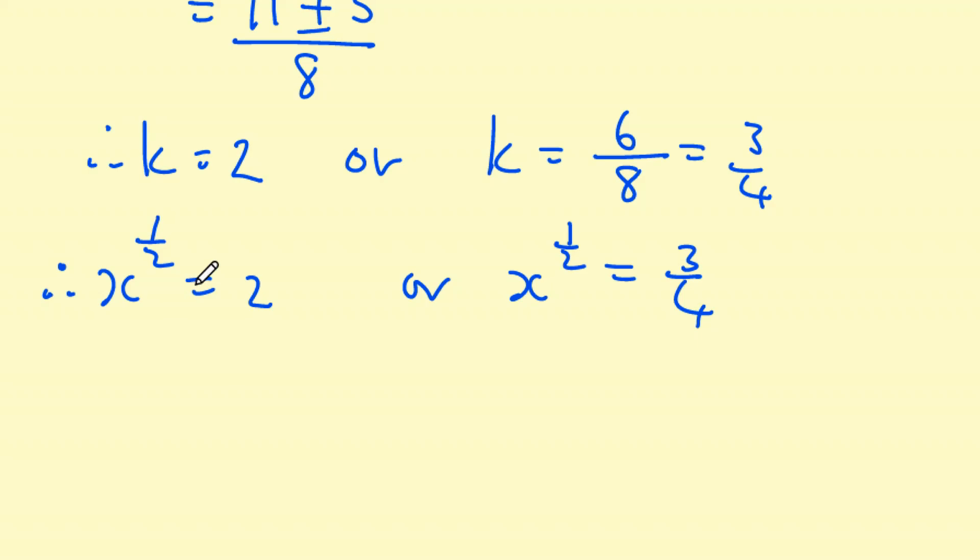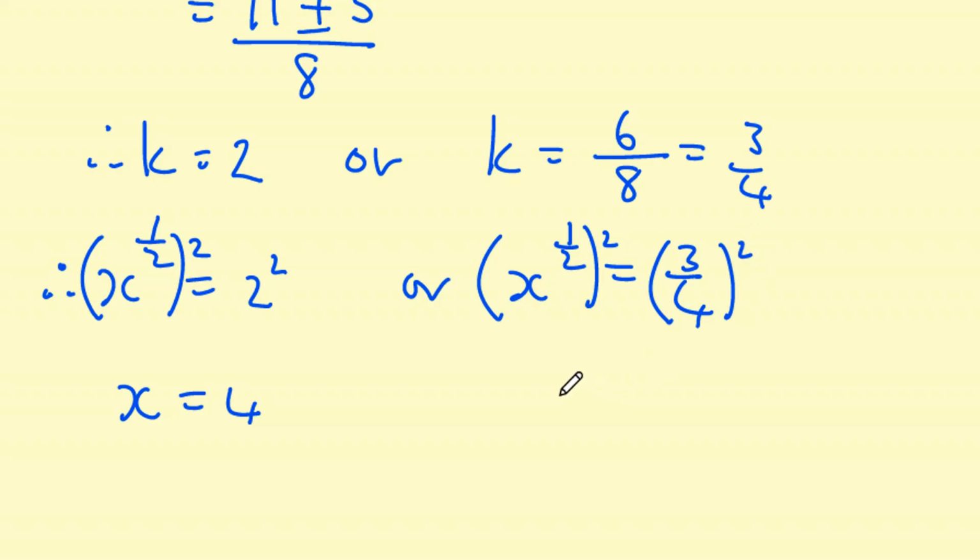We want to solve for x, so we want to get rid of the power here, and we can do so by squaring both sides of this equation. So the 2's will cancel here, and we have x equals 4. We do the same here. We can square both sides. And here we find that x equals 9 over 16.